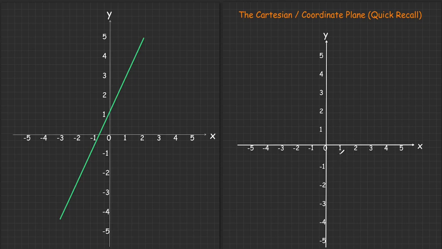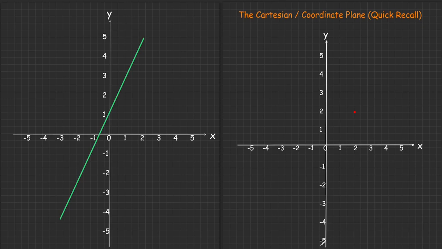These two axes help us to identify coordinates on the plane. So if you take any point on the plane, such as what I'm taking here, let's say I'm taking this point over here. What would then be the coordinate of this point? You can only determine it by tracing it to the x-axis and also to the y-axis.